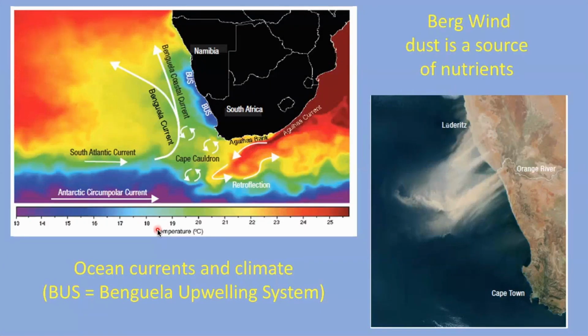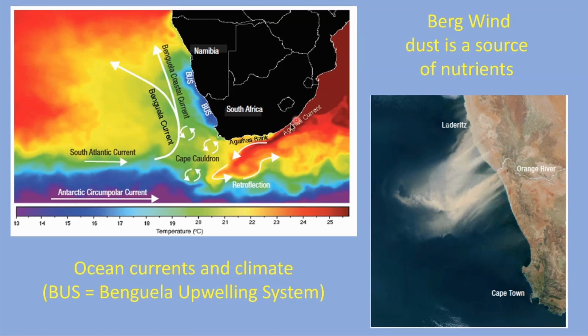And why is that? Well, the climate is largely related to the ocean currents. And so the image here on the left shows you in color the sea surface temperatures. So for Southern Africa, we have a very warm current, the Agulhas current, which comes down the east coast.